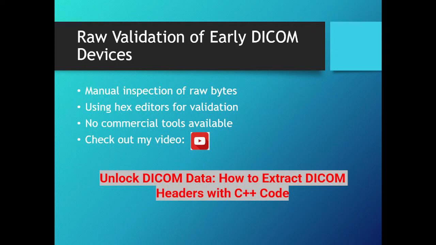I have a related video, unlock the DICOM data using C++ code, where you don't use any external library, such as PyDICOM, which is an open source library. In this C++ example, we are strictly examining the raw bytes, and by doing that, you compare that with the DICOM standard. That is the raw validation if you don't have any commercially validated system to compare.